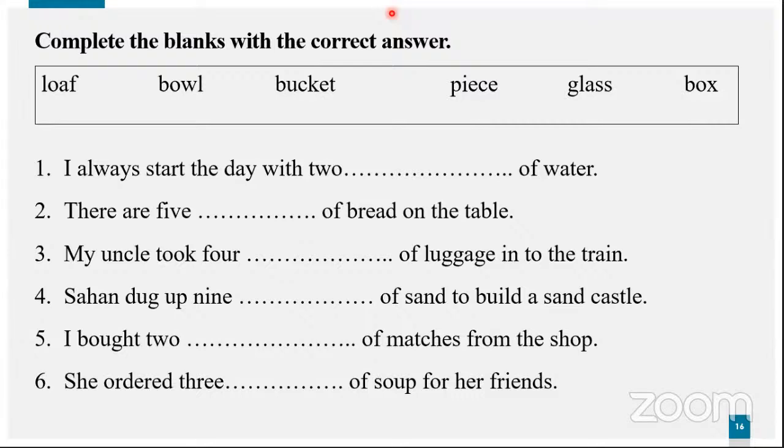Right, make the plurals. You have to make the plurals of these words, right?